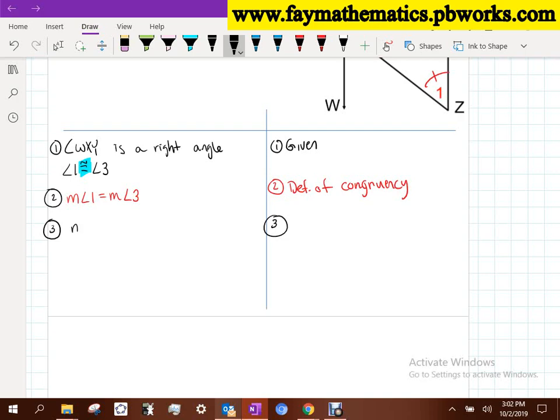So doesn't that mean that the measurement of WXY is 90 degrees? And that's because if we looked in the glossary for right angle, under the definition, it will say it is an angle whose measurement, is what we're saying right here, is 90 degrees.